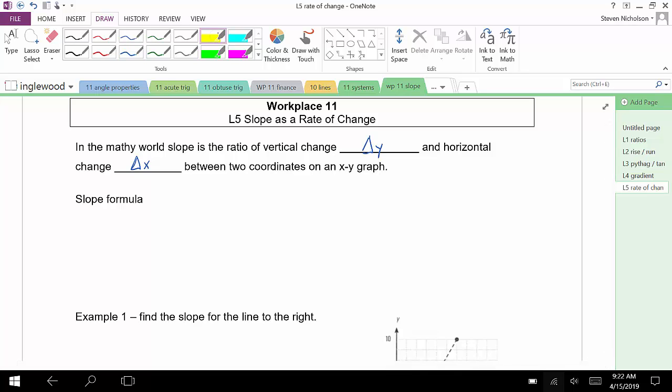Now this little triangle here is the Greek letter delta, and it just means change.